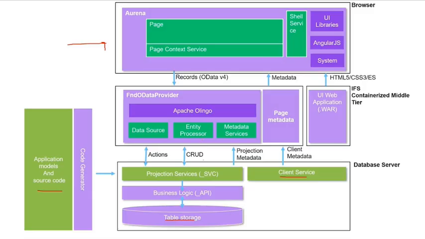And if we want to go for the data, we will be working with projection metadata, and sometimes we might have to work with actions, CRUD operations. Those kinds of things will happen through the FND OData provider, right? When the request is going on, it will go through this OData provider, and from there they will fetch the necessary data for the pages.